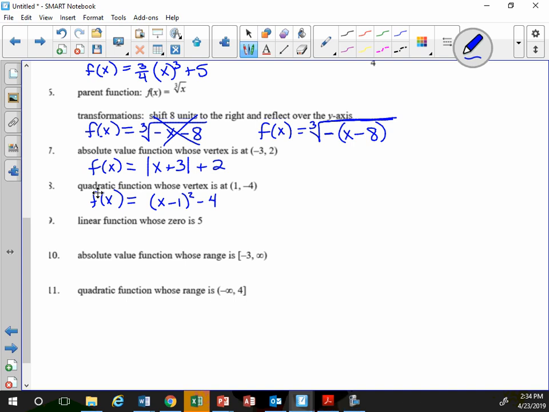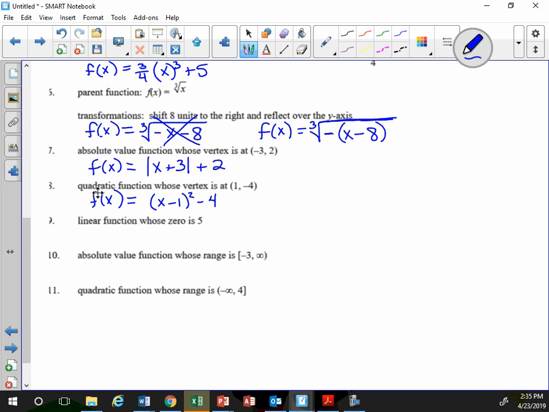All right guys, so for 8, you should have gotten f of x equals x minus 1 quantity squared minus 4. Do we need a minute still? Question, guys?